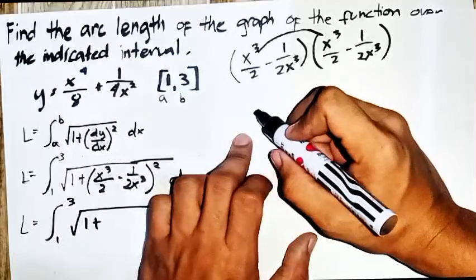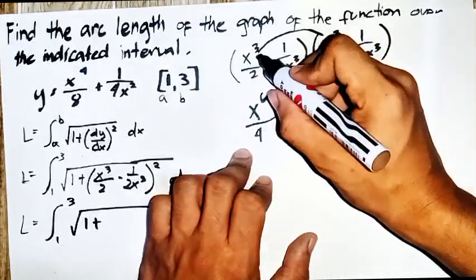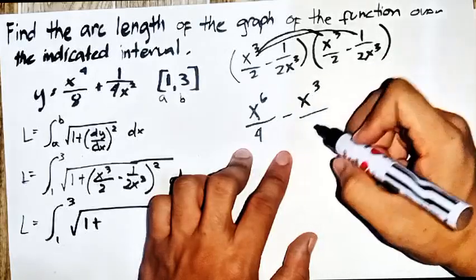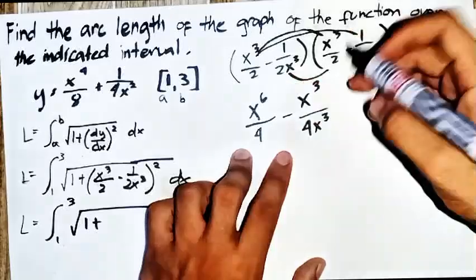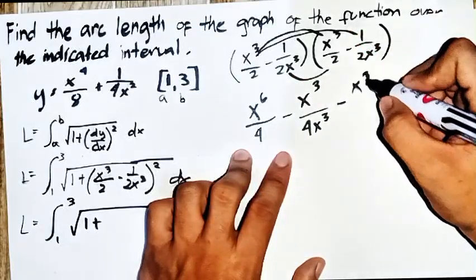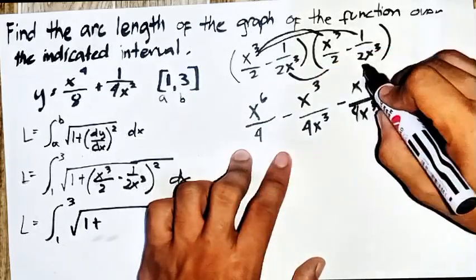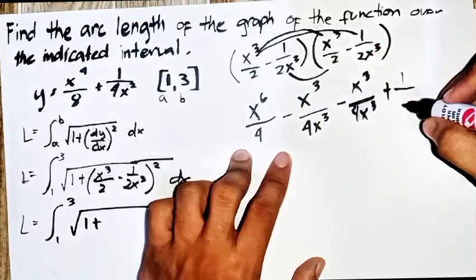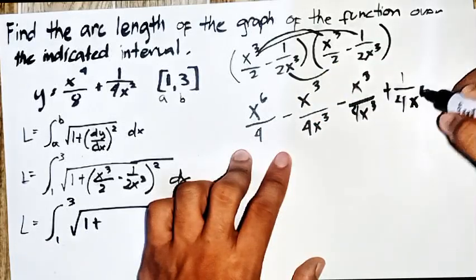This one is x to the power of 6 over 2 times 2, which is 4. And on the other side, we have negative x cubed over 4x cubed. That is 1. Negative 1 over 2x cubed times x cubed over 2 is the same, x cubed over 4x cubed. Minus, negative times negative, we have positive 1 over 4, 2 times 2 is 4, x cubed times x cubed, which gives x to the power of 6.